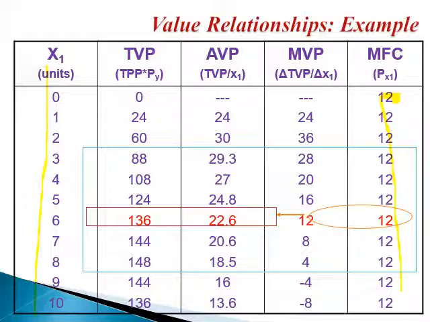Now, total value product here, or TVP, it is another name for total revenue. Remember, we studied total revenue before. We said total revenue is, if I am producing one output only, my total revenue is the unit price of output multiplied by the amount produced of output.